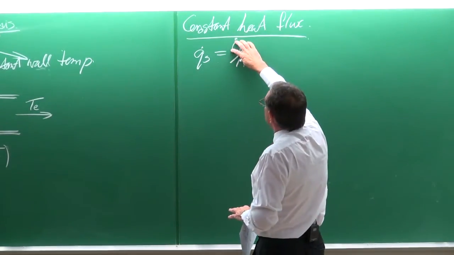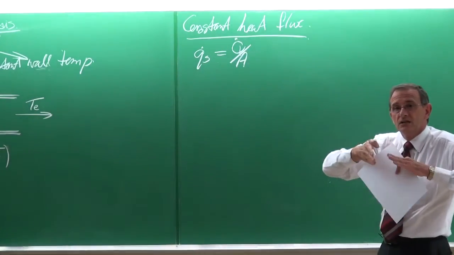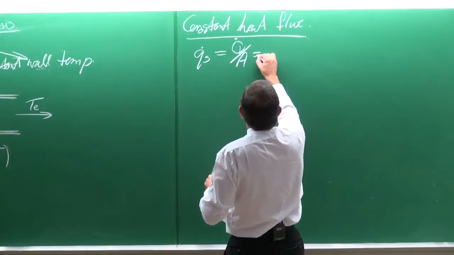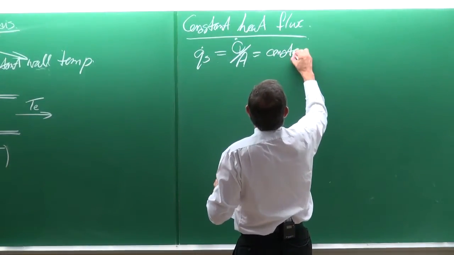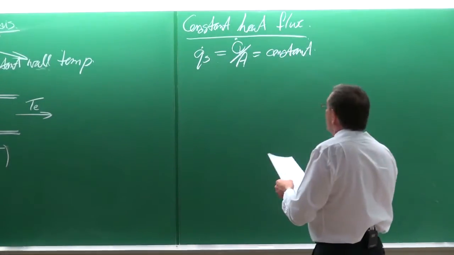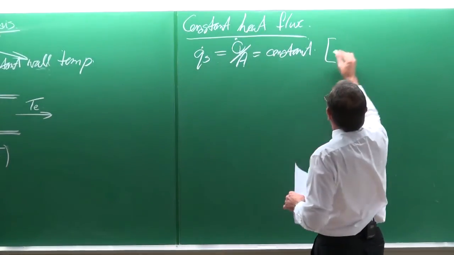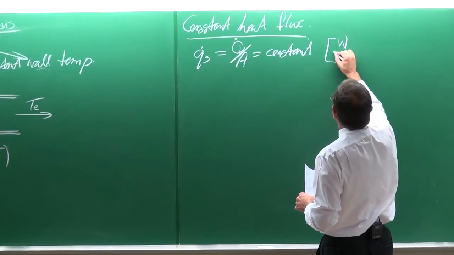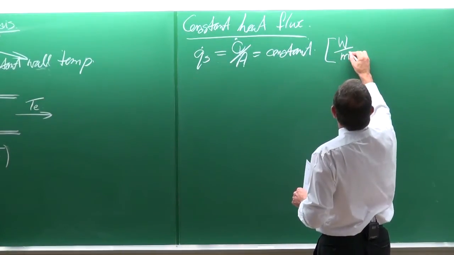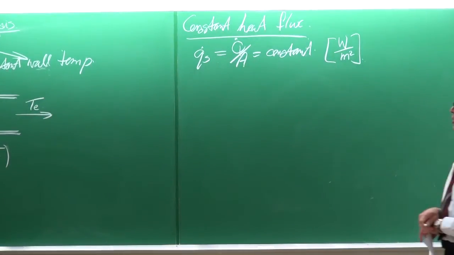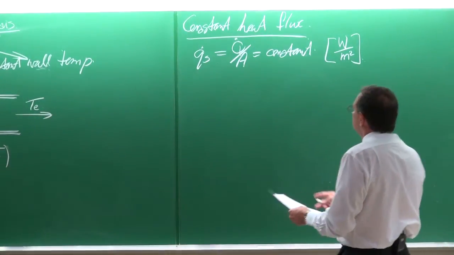And if you put in a constant amount of heat every time over a certain length, then this would be equal to a constant. Okay, so that is the very important thing of a constant heat flux. And if we look at units, then the heat transfer rate would be in watts, and the surface area would be in square meters. So those are the units for a constant heat flux.